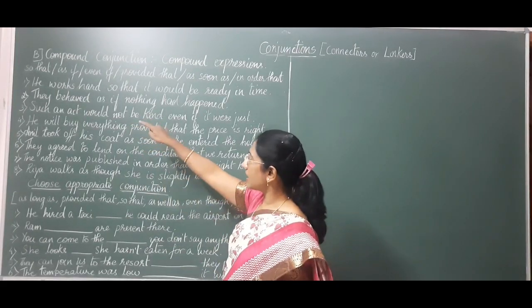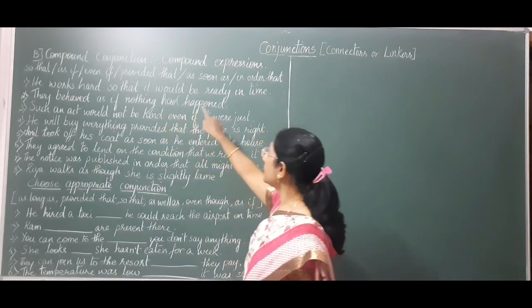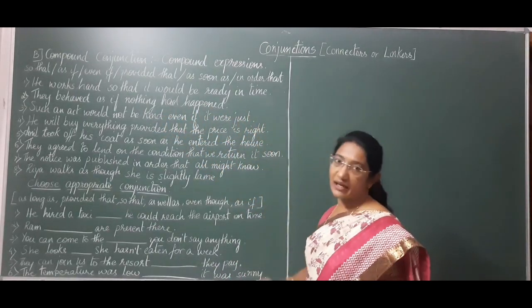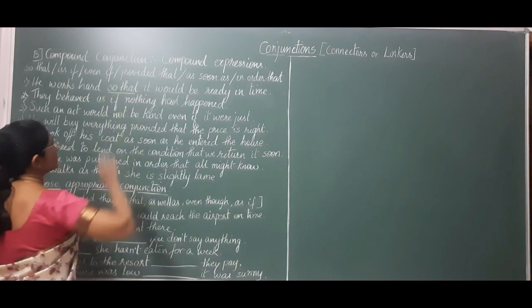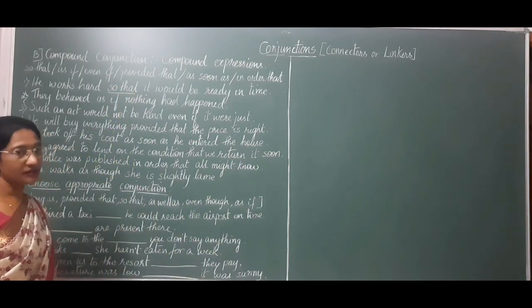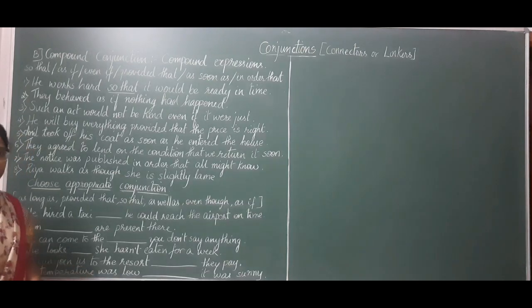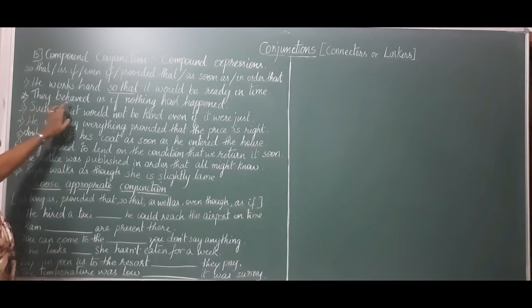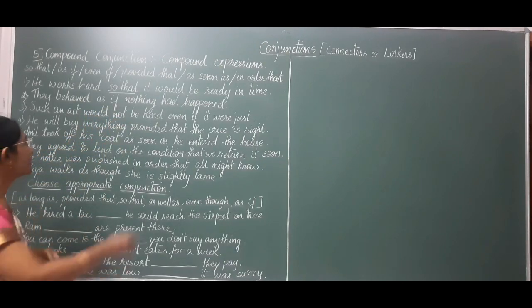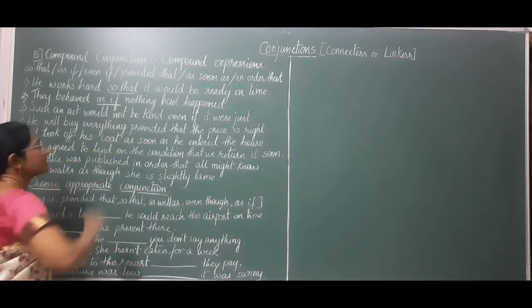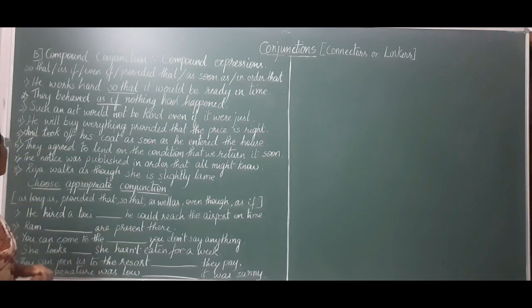He works hard so that it would be ready in time. So you see the conjunction so that is a compound expression which forms a compound conjunction. They behaved as if nothing had happened. As if is a conjunction.